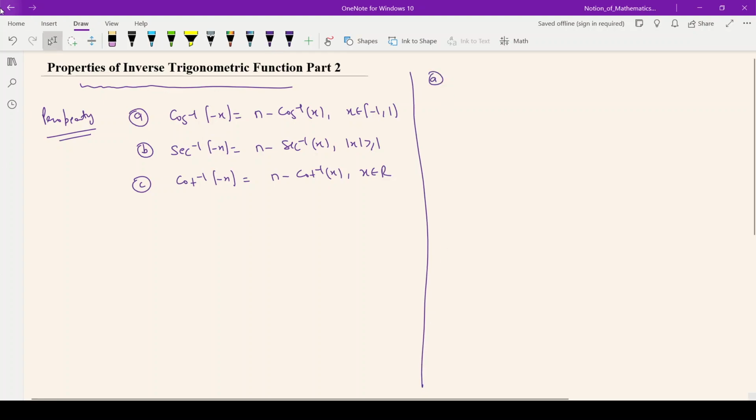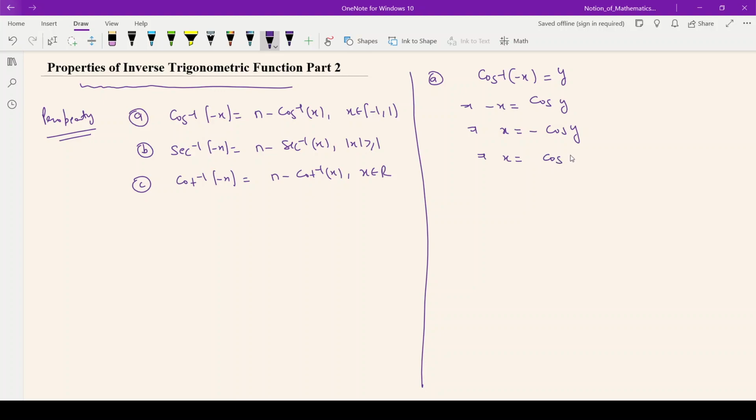How to prove it? Let us consider cos inverse of minus x is y, or minus x is cos of y. Ultimately x is minus of cos y, or x is cos of pi minus y.